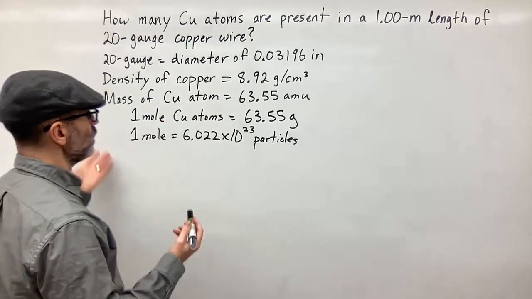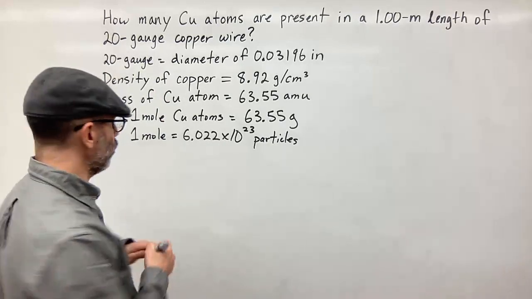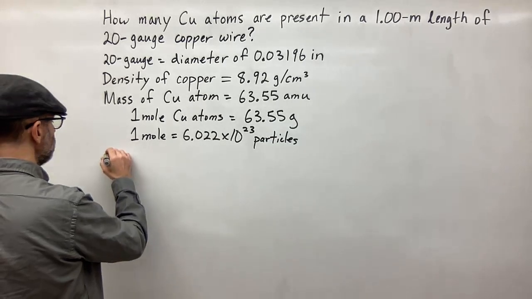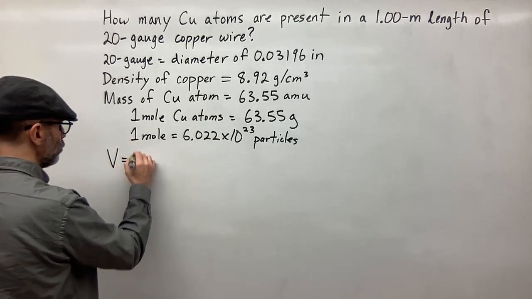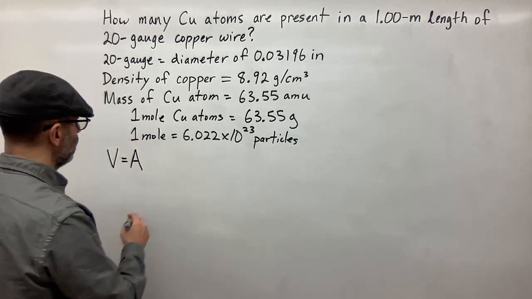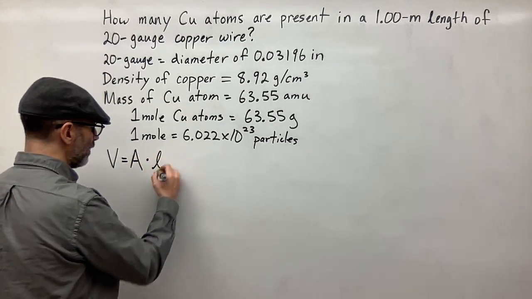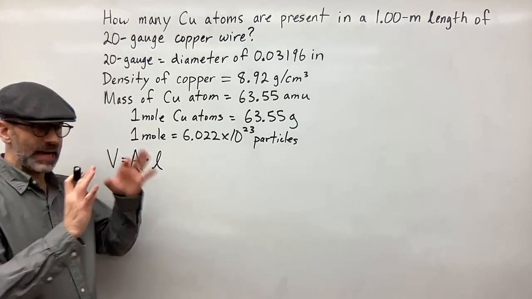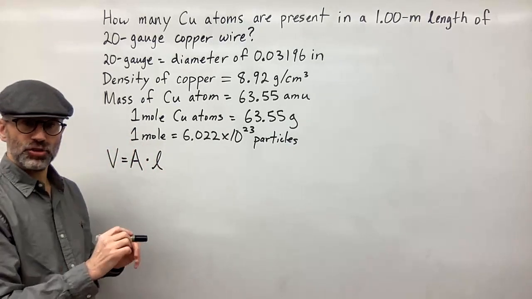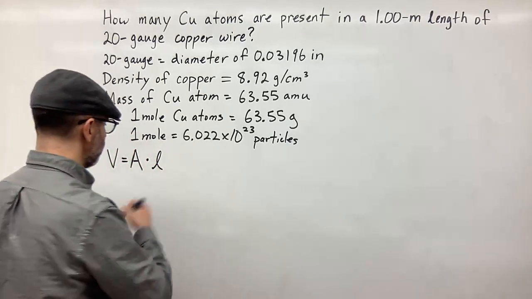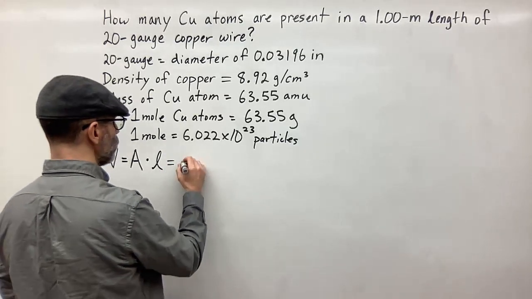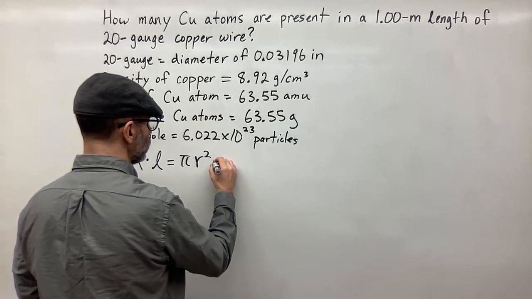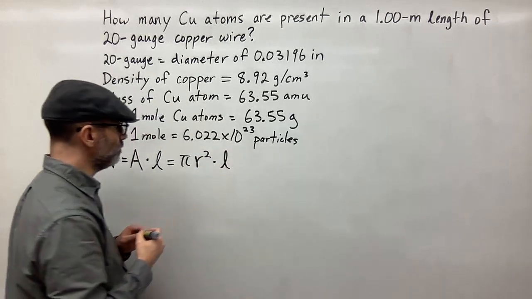So what's the formula for the volume of a cylinder? Volume is equal to the area multiplied by the length. And the area of the cylinder, if you looked at it straight on, would be a circle. So what's the area of a circle? Pi r squared. So pi radius squared multiplied by the length.